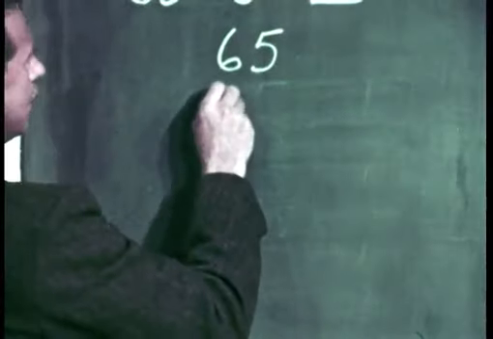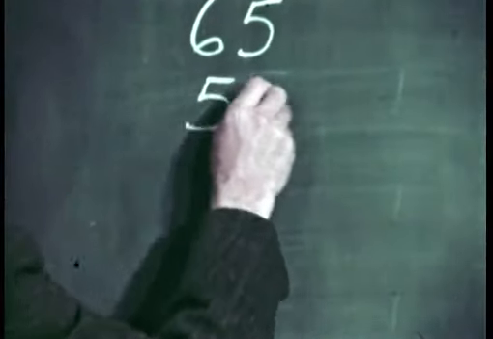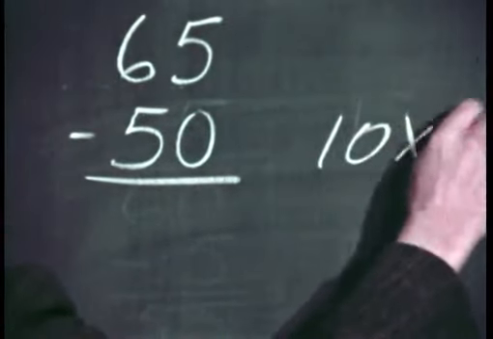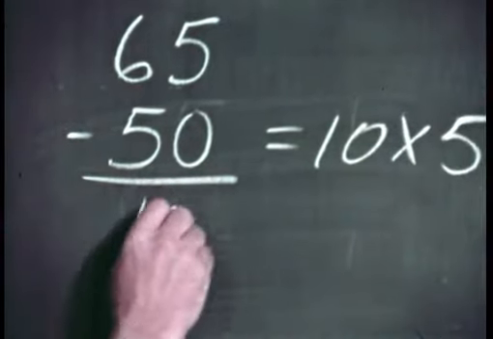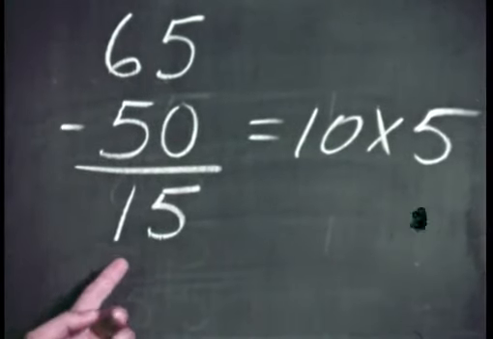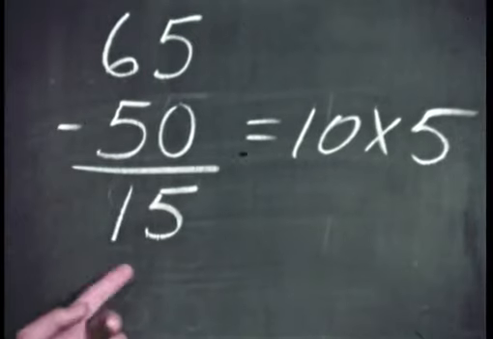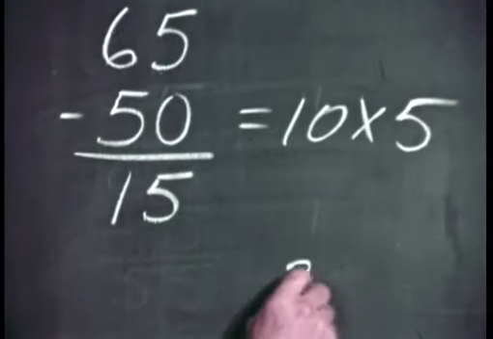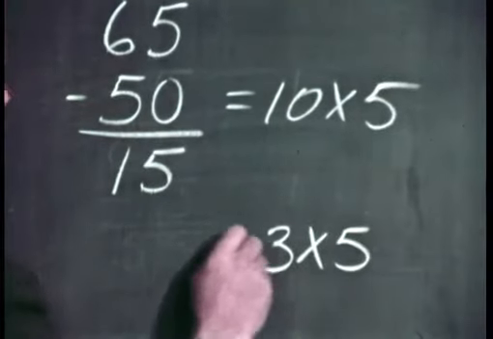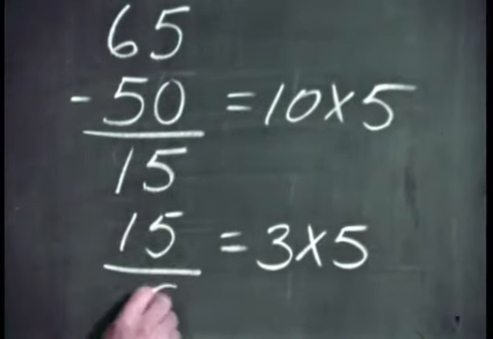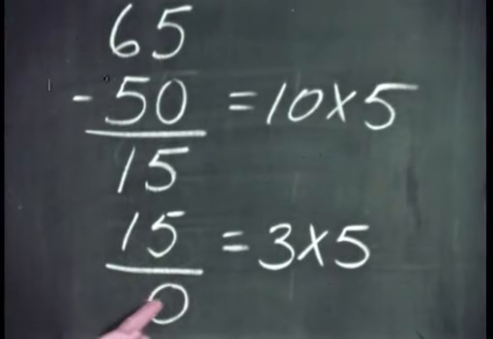We subtract 50, that's 10 times 5, but we still have 15. Someone then suggests subtracting 3 more 5s. So we subtract 3 5s, or 15, and now we have reached 0.